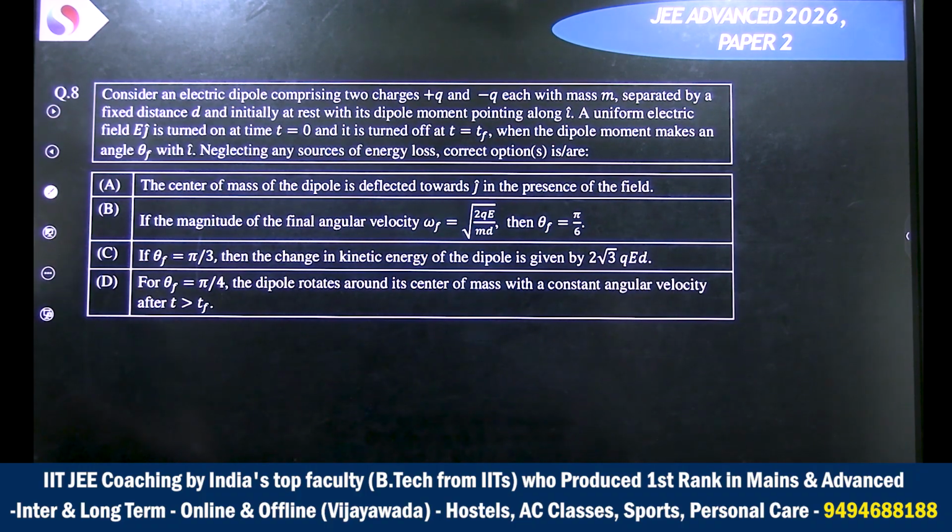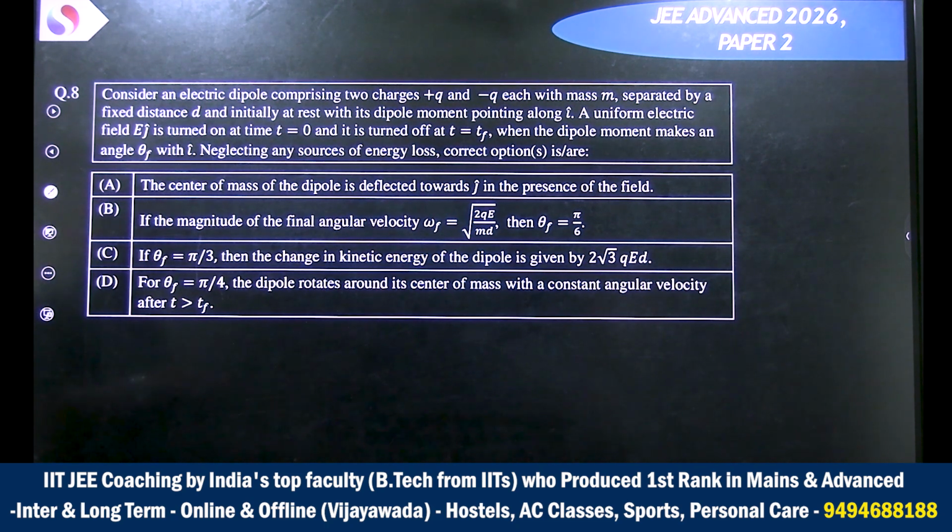Consider an electric dipole comprising two charges plus q and minus q, each of mass m, separated by the fixed distance d and initially at rest, with its dipole moment pointing along I cap. A uniform electric field E j cap is turned on at t equals 0 and turned off at t equals t final.